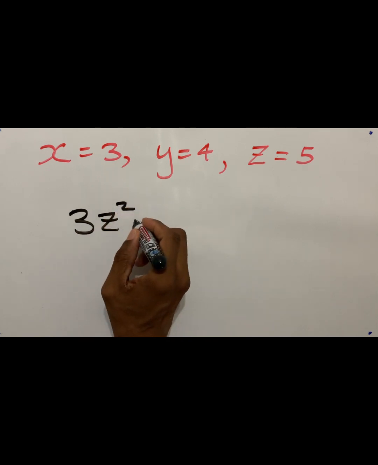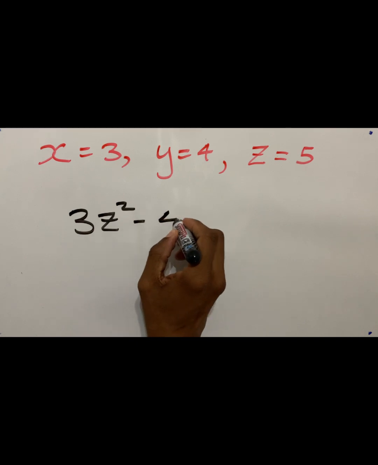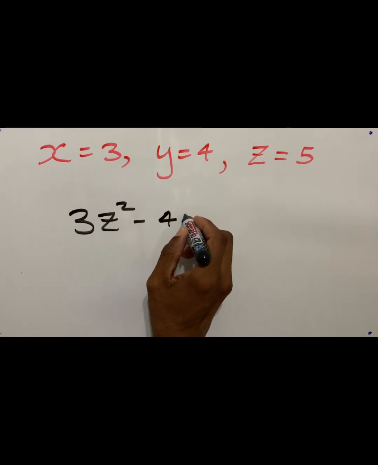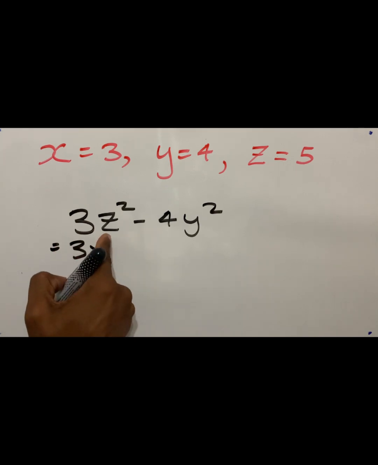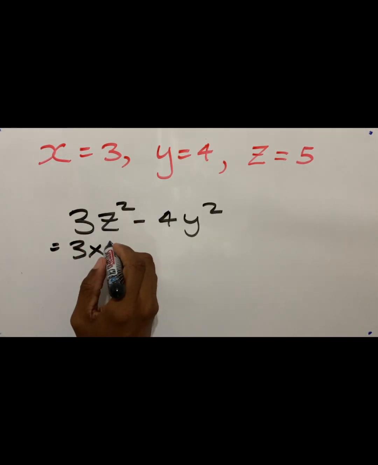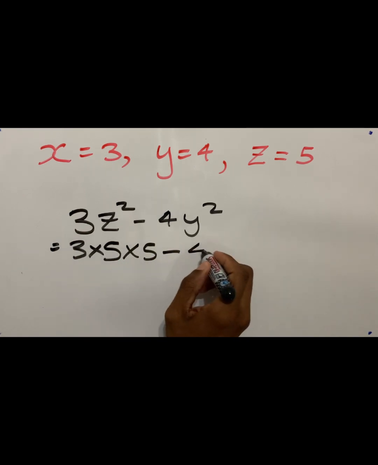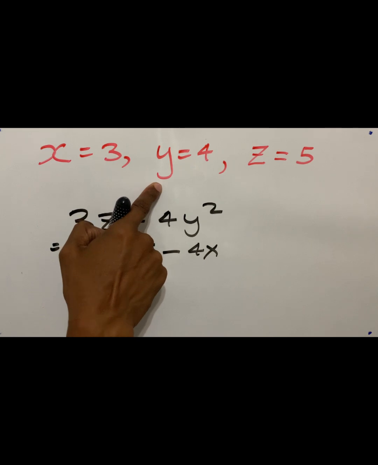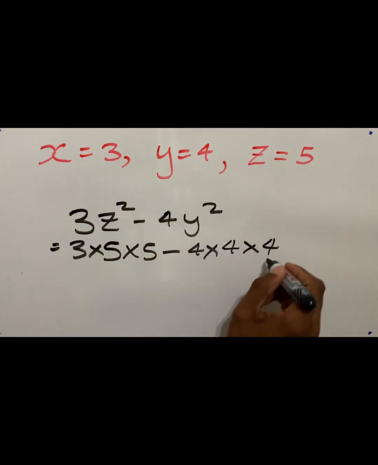3z squared minus 4y squared. This is equal to 3 times z times itself 2 times, which is 5 times 5, so it's 3 times 5 times 5, minus 4 times y times itself 2 times, 4 times 4.